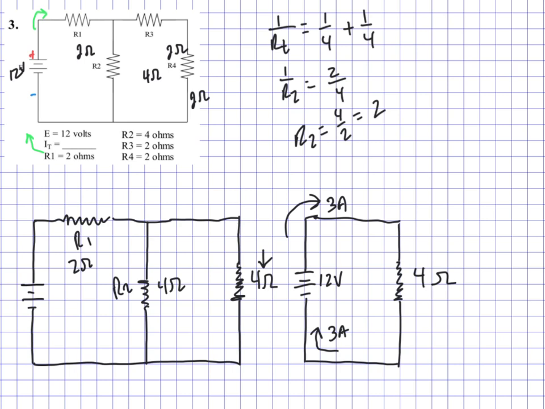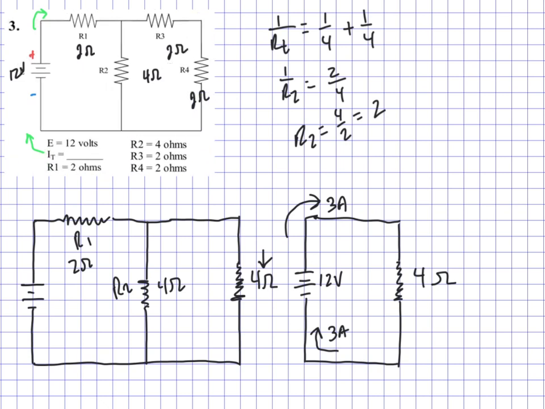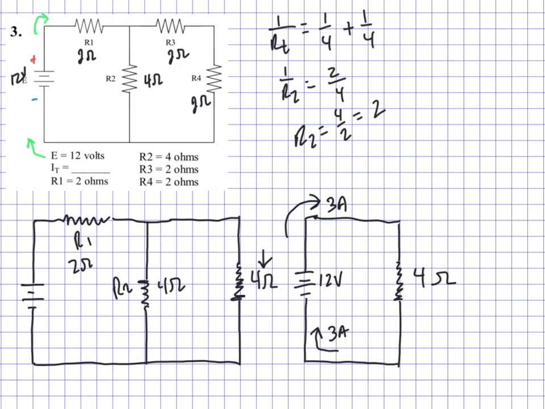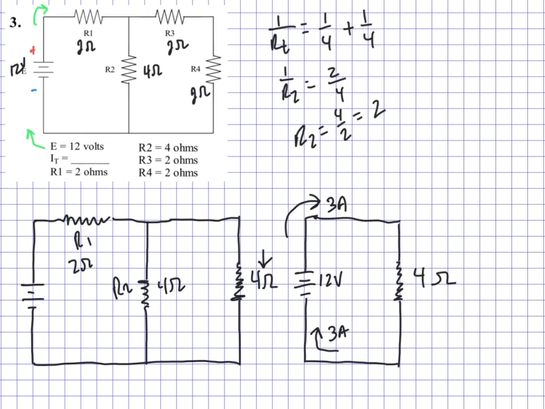Sorry, I need to get this a bit more back to where we were. We're going to have 3 amps coming out of here. 3 amps now, and we've got 3 amps.